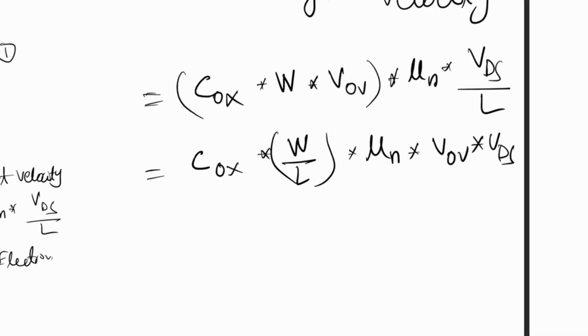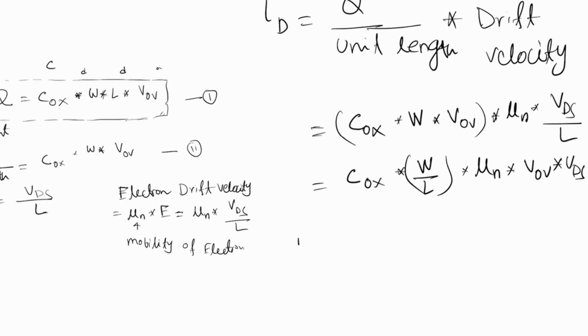So just rearrange the equation: ID is equal to COX into mu n into W by L multiplied by VOV into VDS.